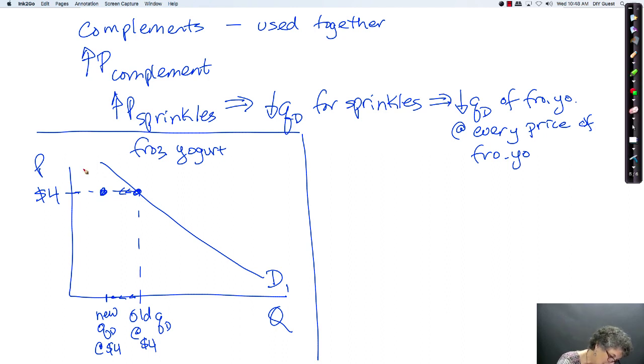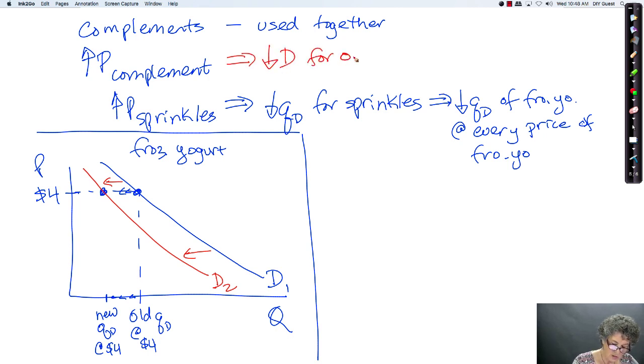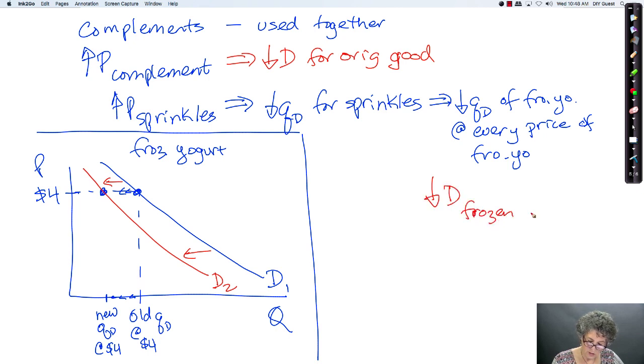And so the entire demand curve is going to shift to the left. We have a new demand curve at every possible price. So the increase in the price of the complement leads to a decrease in the demand for the original good. So here what we have is a decrease in demand for frozen yogurt.